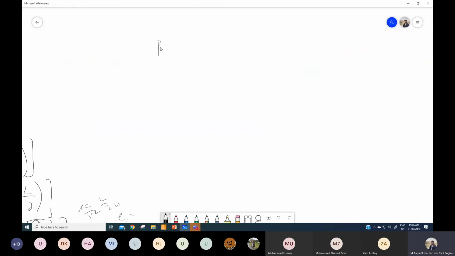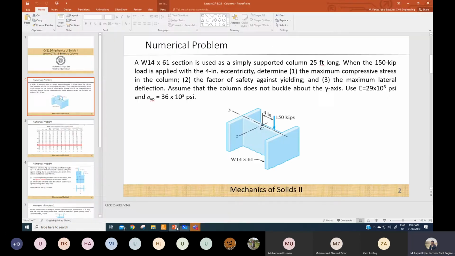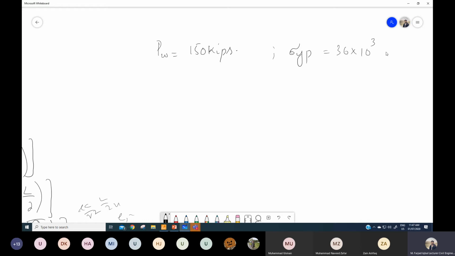So the load PW is given to us, that is 150 kips. Sigma YP is given to us, that is 36 into 10⁻³ for the unit PSI. Length is given as 25 feet.